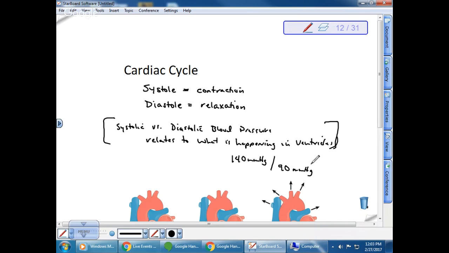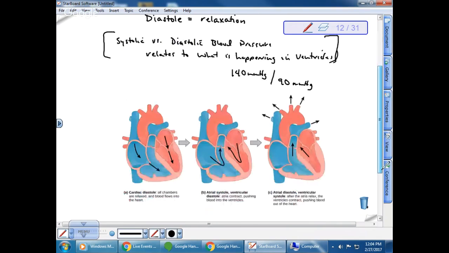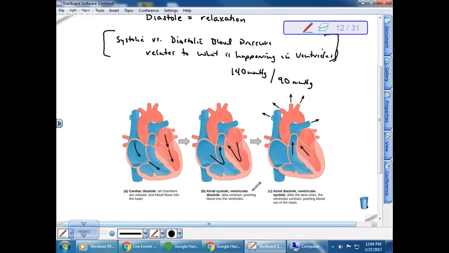It's important to realize, however, that we can also have systole and diastole not only of the ventricles, but also in the atria as well. In your book, there's a little diagram that shows this. When blood comes in to the atria, the atria would have to be relaxed, and the ventricles would also have to be relaxed.